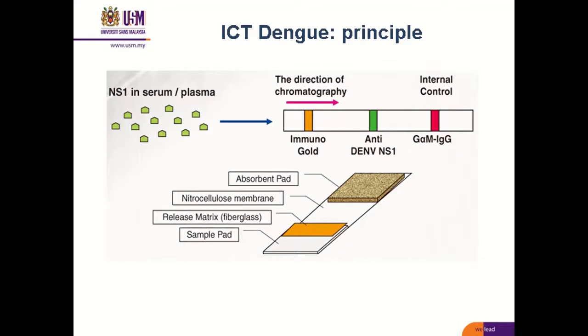You will bring the NS1 in the patient serum through the test kit, first to the immunogold and then to the anti-dengue virus NS1, and then to the goat IgM and IgG internal control. When they reach the place where there is anti-dengue virus NS1, it will bind and produce the red line.